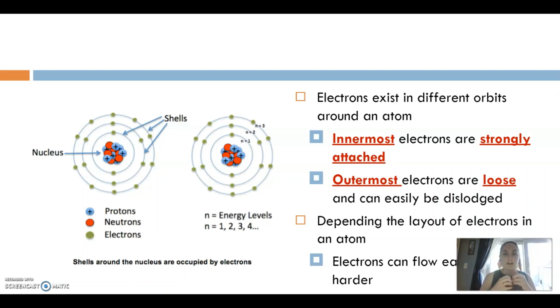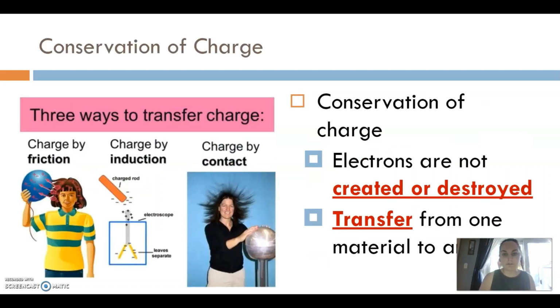If you continue to separate that distance, like bringing that electron out onto a further shell, then that force of attraction is going to be less. So it's those outermost electrons, which we call the freely flowing electrons, that are going to get transferred. Depending on the layout of the electrons within the atom, some materials are better at transferring these electrons than others.